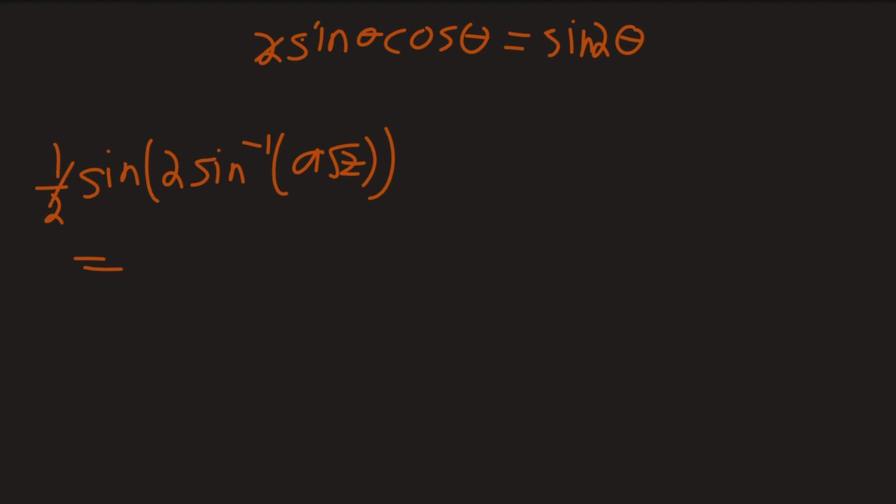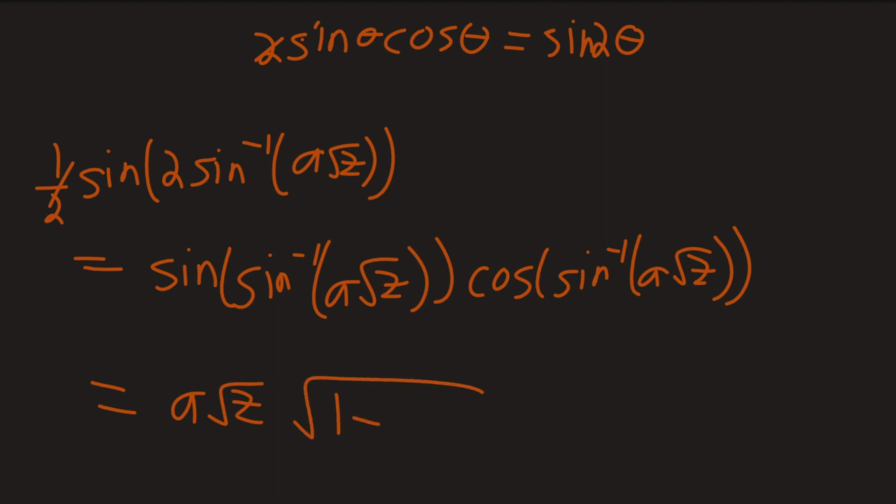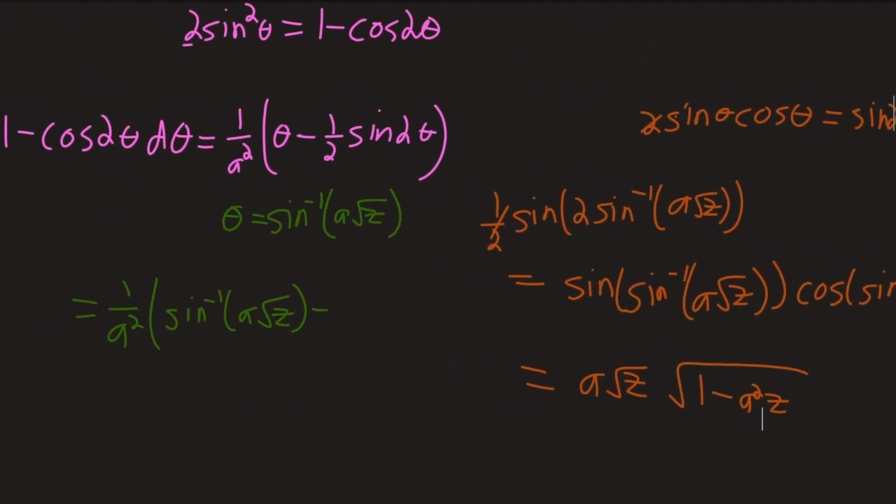Meaning that we're left with sine of inverse sine of a times the square root of z, times the cosine of inverse sine, or arcsine, of a times the square root of z. And this is a lot nicer to evaluate, because this term right here is just going to be a times the square root of z. And this term on the right is just going to be the square root of 1 minus a squared z.